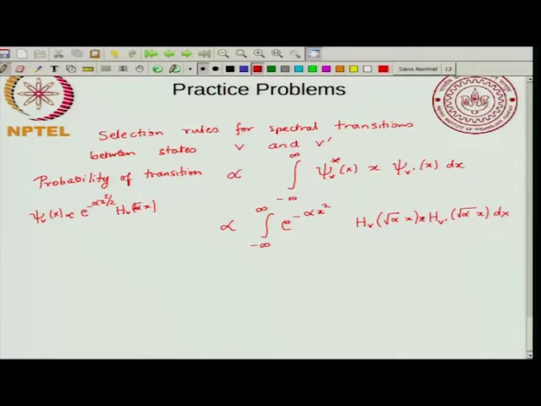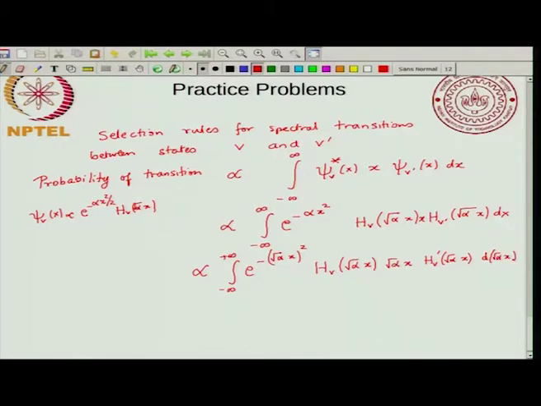Basically, if I multiply and divide by square root of alpha, this will look like the integral from minus infinity to plus infinity of e to the minus square root of alpha x the whole square, H v of square root of alpha x, square root of alpha x, H v prime of square root of alpha x, and d of square root of alpha x.